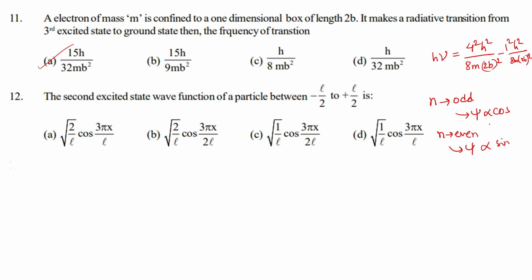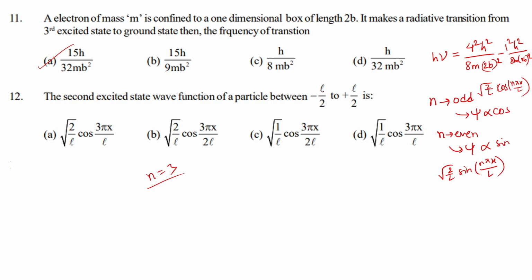When n is even, it is root 2 by L sine n pi x by L, and when n is odd, it is root 2 by L cos n pi x by L. Here, second excited state means n equals to 3, so that is odd, so you get a cos function.